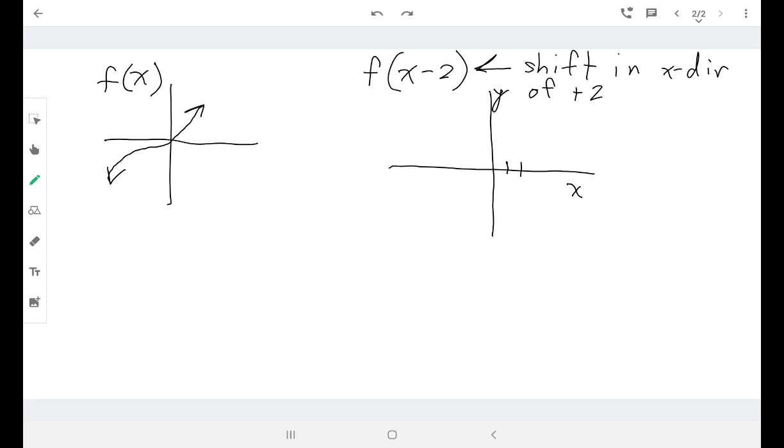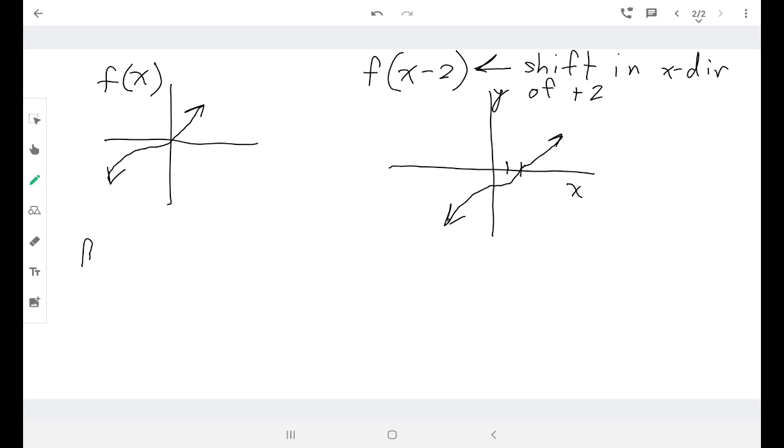It's just going to have moved positive 2 in the x direction. I'm just sketching here. I'm just trying to give you an idea.